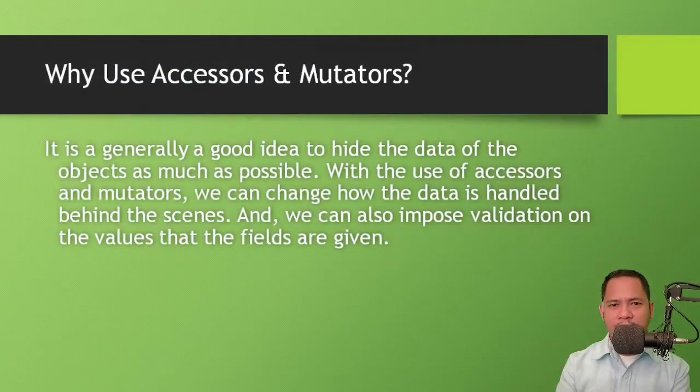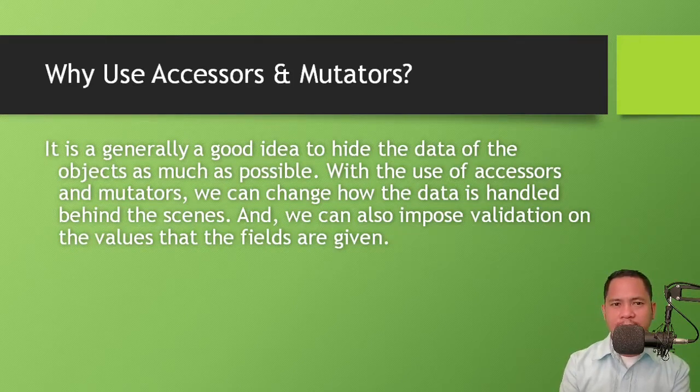But the real question is, why should we use accessors and mutators? In fact, if we just turn our instance variables into public using the public access modifier, other classes can change those properties very easily without adding more complexity.